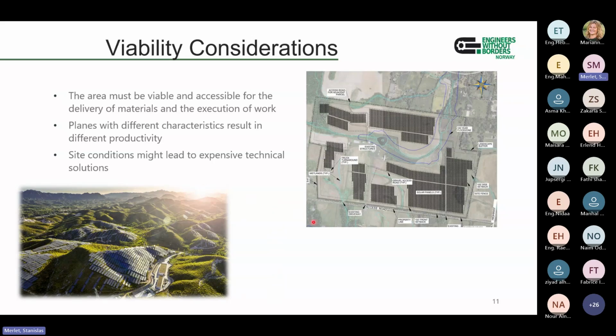Some site conditions might lead to expensive technical solutions, and that's also true with the underground. So we mentioned the geotechnical study before, and if the soil is tricky in many ways, it can be too rocky or too soft, then the solution for the foundations can be expensive also. So those are considerations to take into the viability discussion.